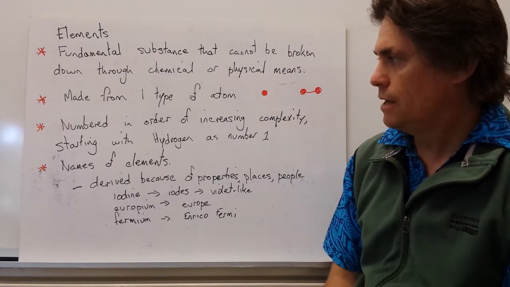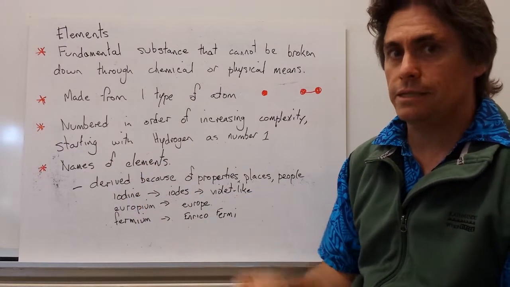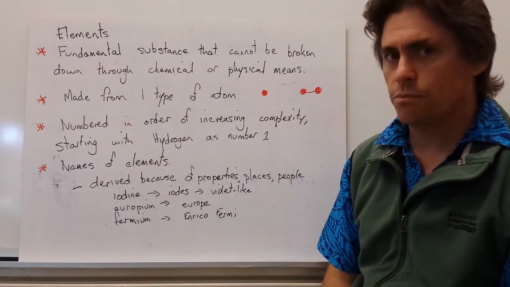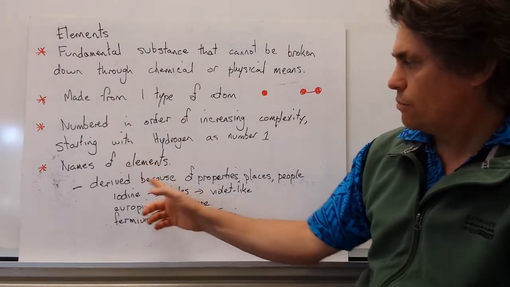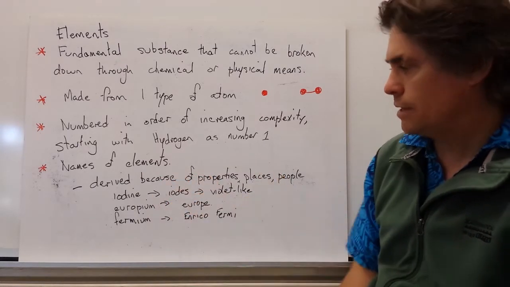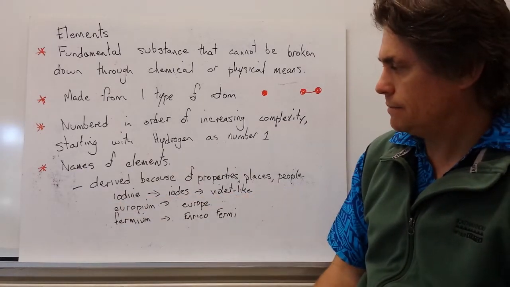Now, we name our elements because we like our language to be consistent, so we name it according to a few different principles. We derive the names through properties, places, and people in general. So, for example, we've got iodine.